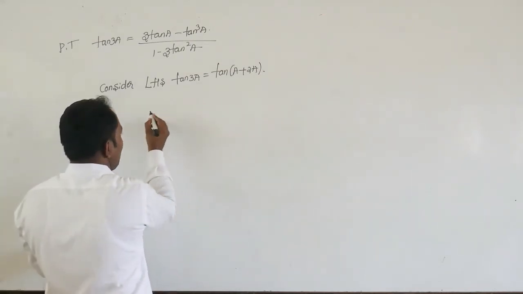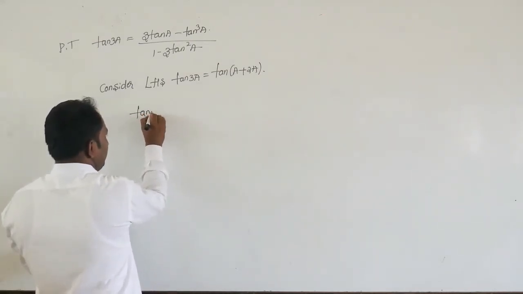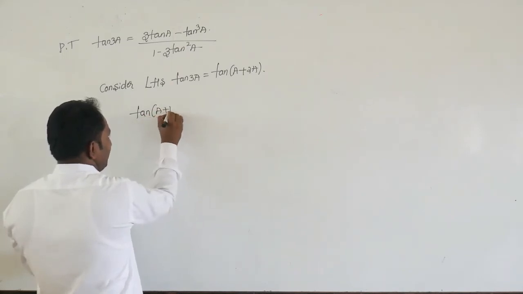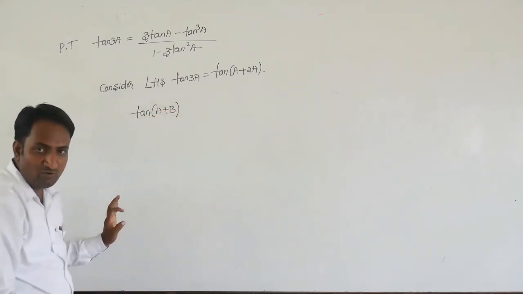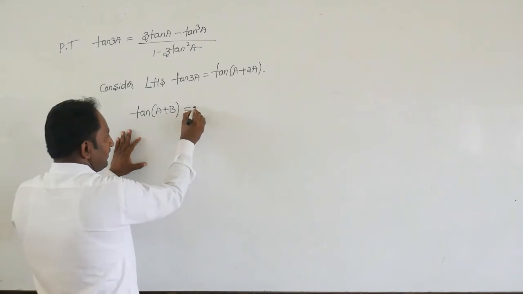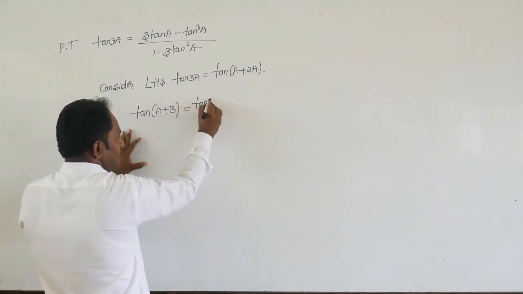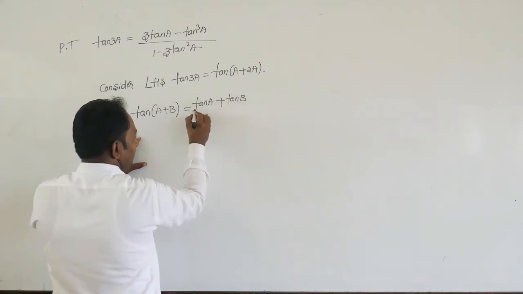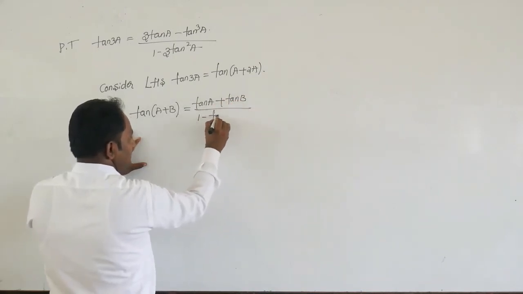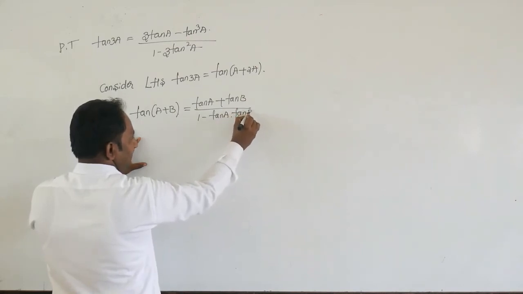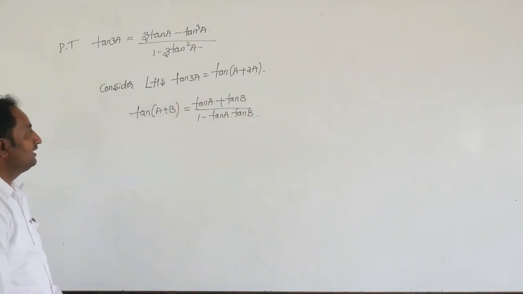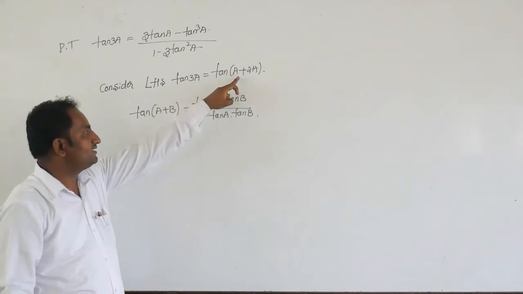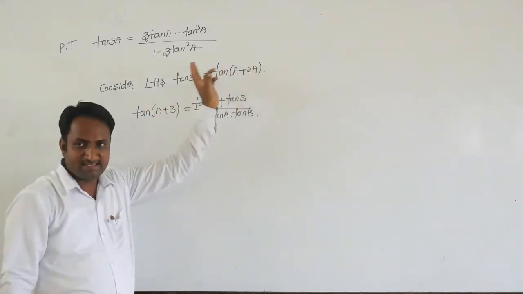Here this is in the form of tan of A plus B. We know the result tan of A plus B is equal to tan A plus tan B divided by 1 minus tan A into tan B. In place of A, A is there, and in place of B, 2A is there.